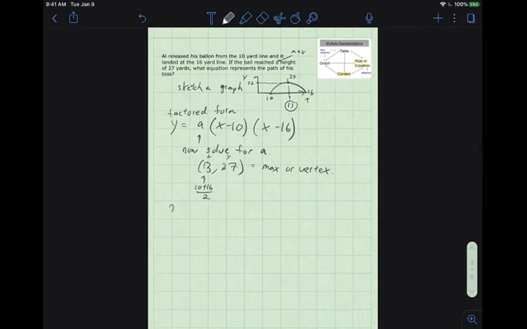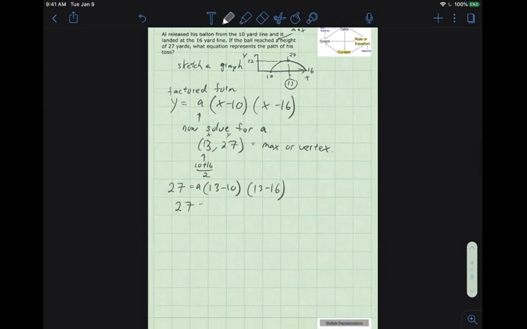So from there, 27 equals a times, we know what x is, 13 minus 10, 13 minus 16. 27 equals a times 3, negative 3. 27 equals a times negative 9, divided by negative 9, a equals negative 3.